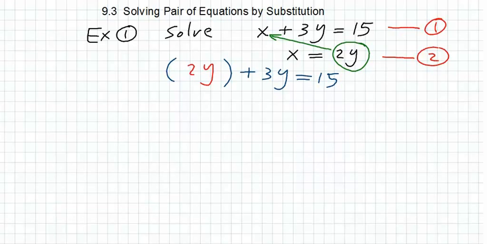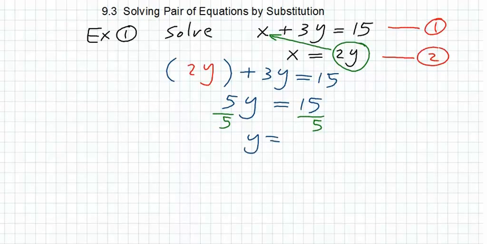The result: 2y plus 3y, it will be 5y, equals 15. Solving this equation is very easy. Divide both sides by 5. You will have y is equal to 3.